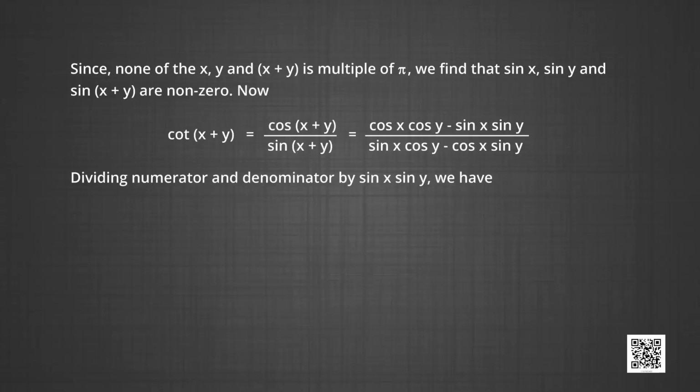Dividing numerator and denominator by sin x sin y, we get cot of x plus y is equal to cot y cot x minus 1 divided by cot y plus cot x.